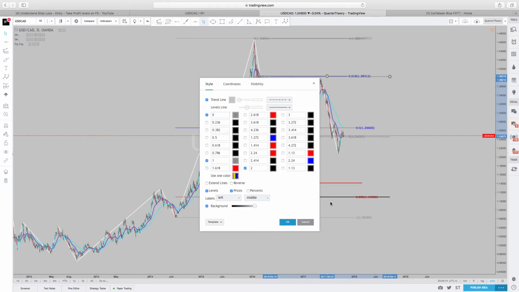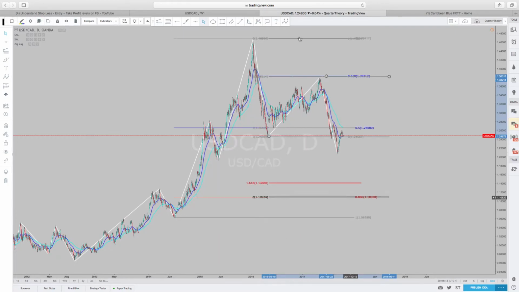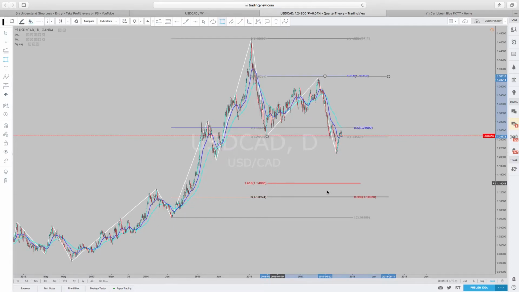And look at this, it's right on the money. So this would be my zone for my take profit. I'm going to look for some type of rejection here to go ahead and continue long.